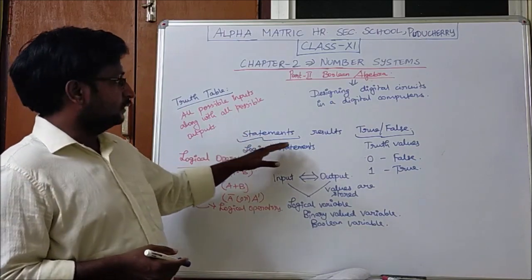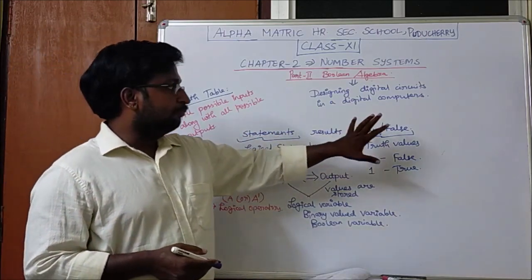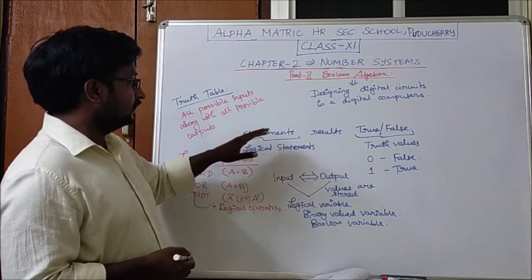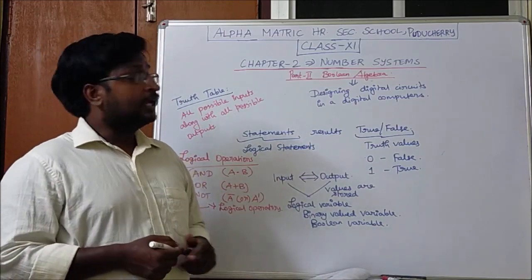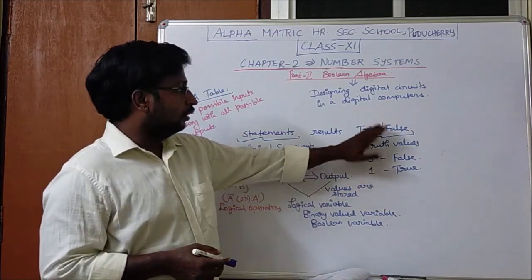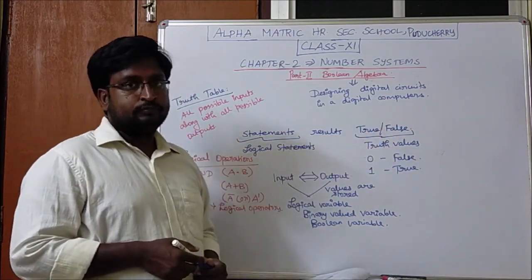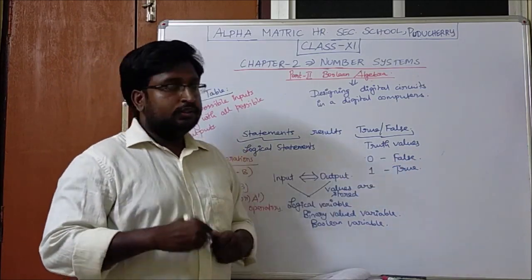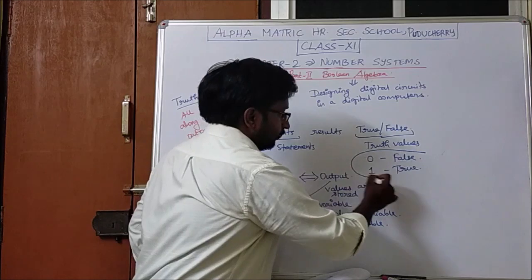The statements which result in a binary form, true or false, are called logical statements, and the resultant binary values are called truth values. That is 0 for false and 1 for true. You have to keep this in mind.